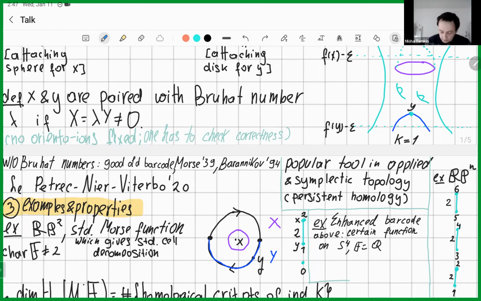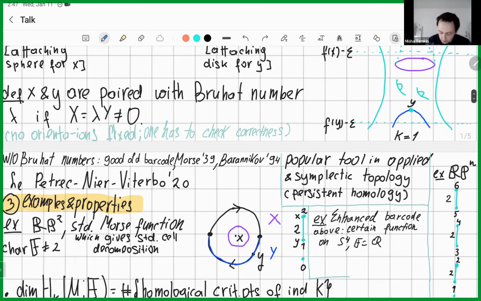This only holds if the characteristic of the field is not 2. If it is 2, then the barcode is just 3 points, none of which are paired.